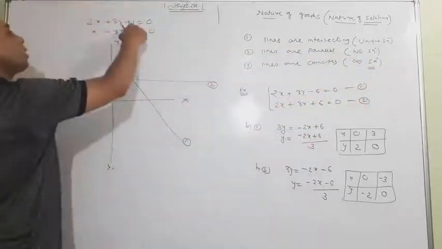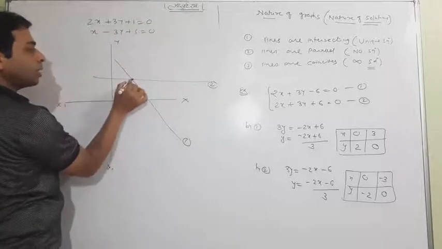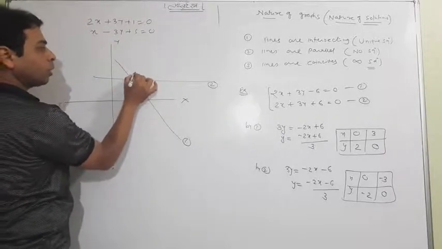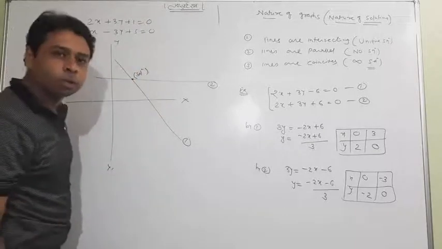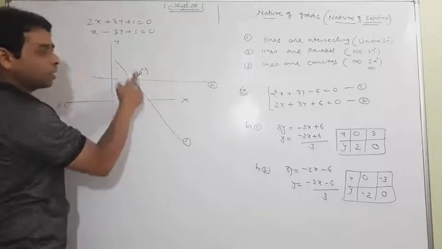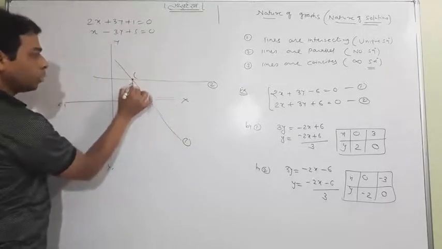When 2 lines are drawn like that, they intersect at one point, and this intersection point is none else than the solution. So what is the value of this solution? I tell you. Join here.